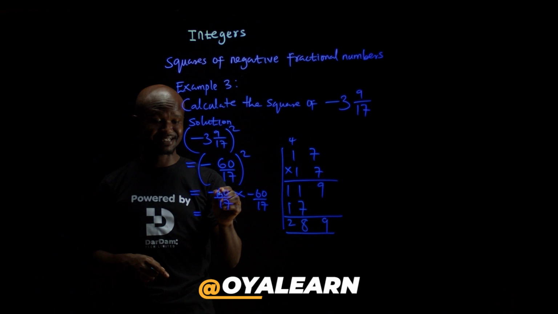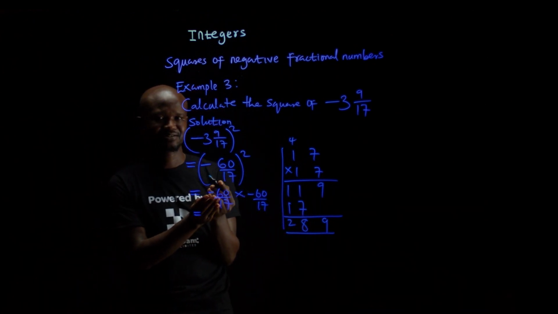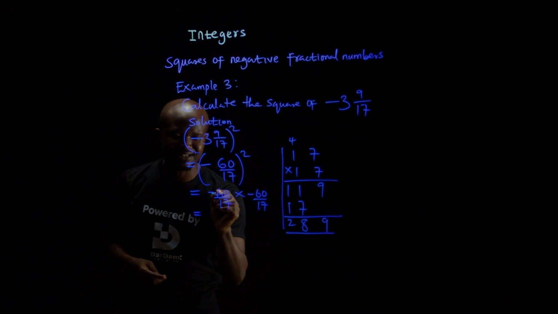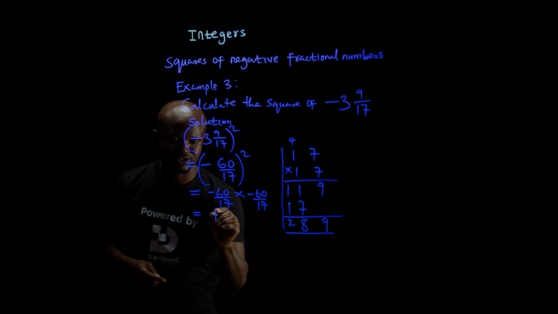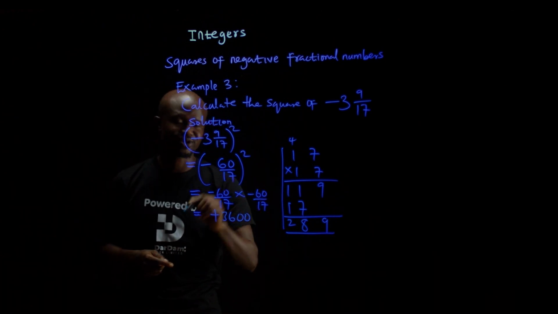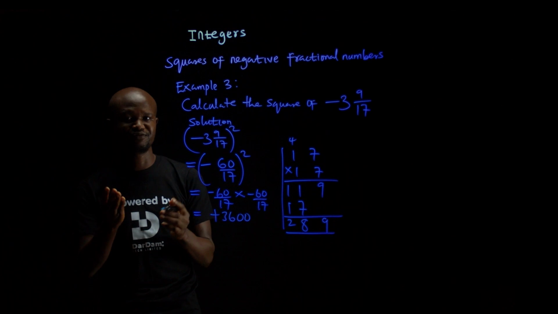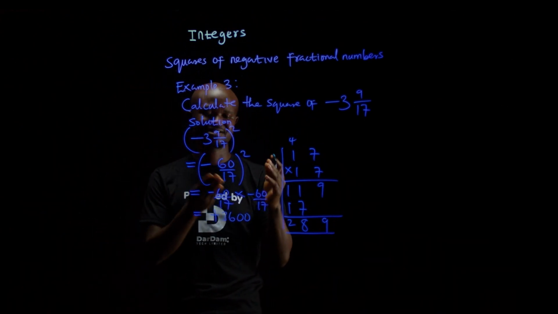And for this, I said 6 times 6, that's 36. Put the two zeros together. So it's very easy. Minus times minus, that's plus. So 6 times 6, that's 36, and we have two zeros, so we have 3,600 for the value of 60 times 60.